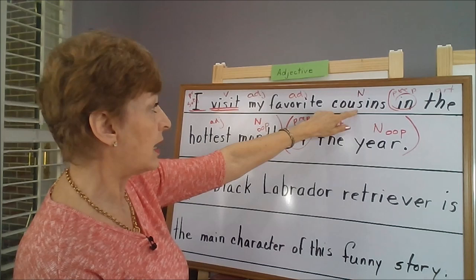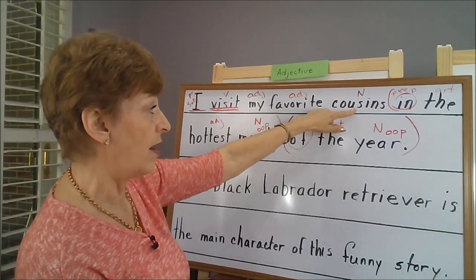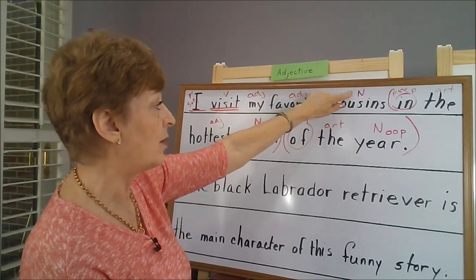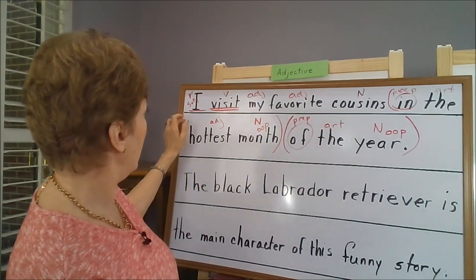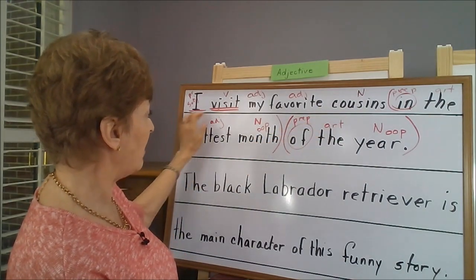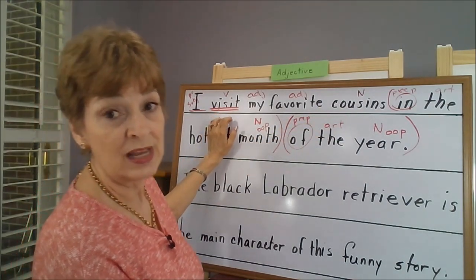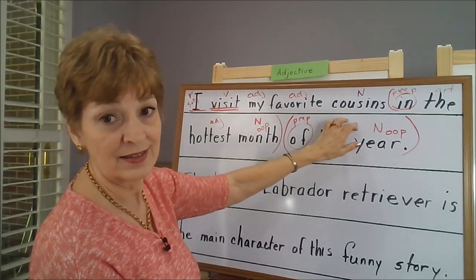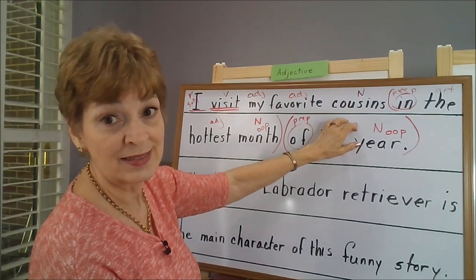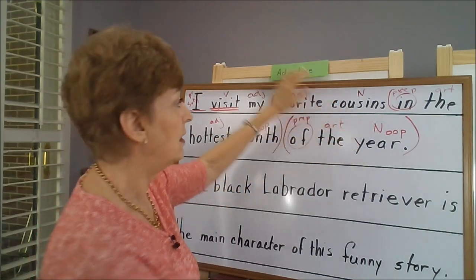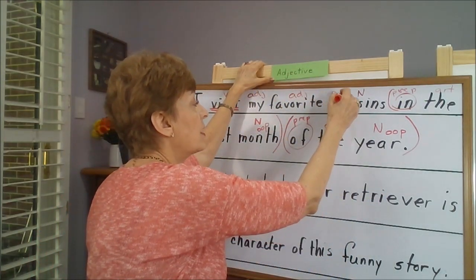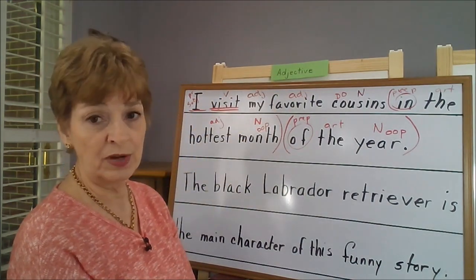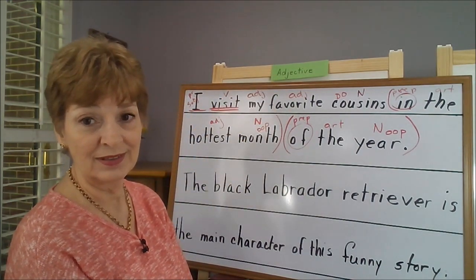The cousins, that one, if we know it's a noun, how does it function? Here's our subject, I visit. Who receives the action of the visit? The cousins. The cousins are the ones that are getting visited. They are the direct object. All of your parts of speech have been labeled.